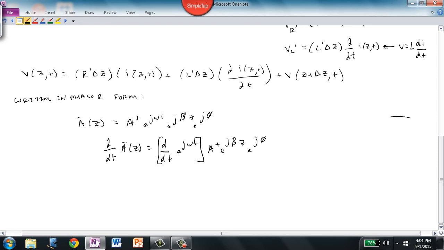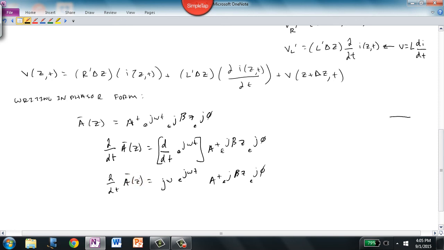This is one of the reasons we like to use phasors, because the derivative of e to the j omega t is simply j omega times e to the j omega t.